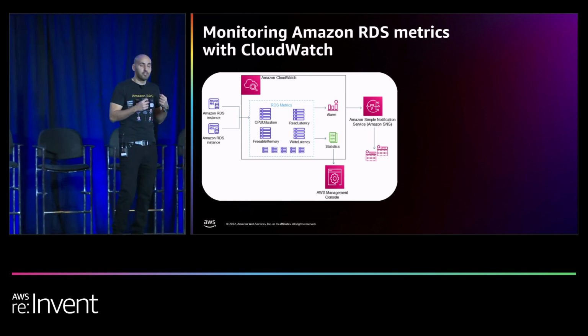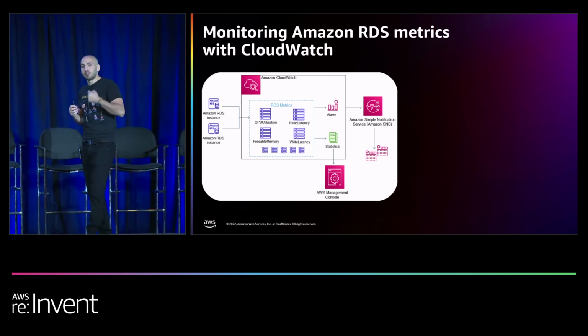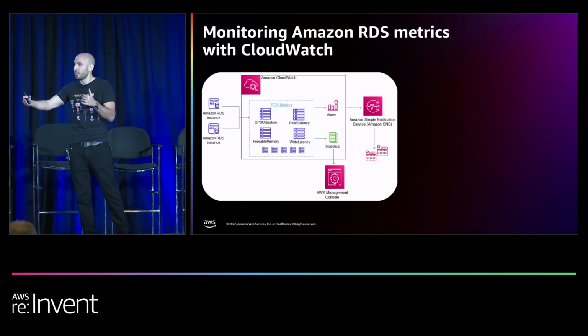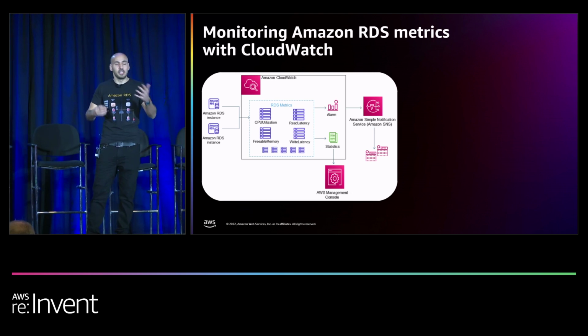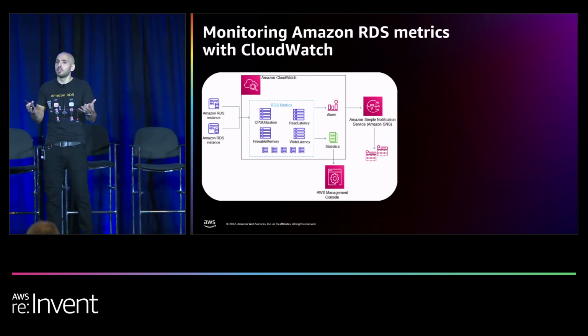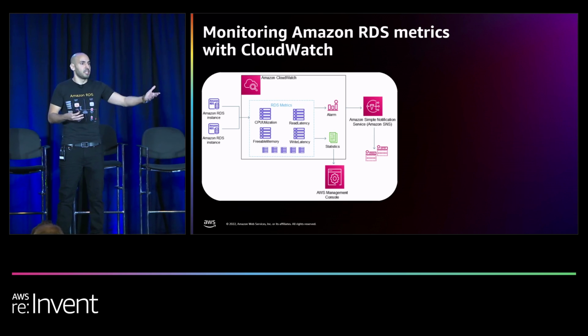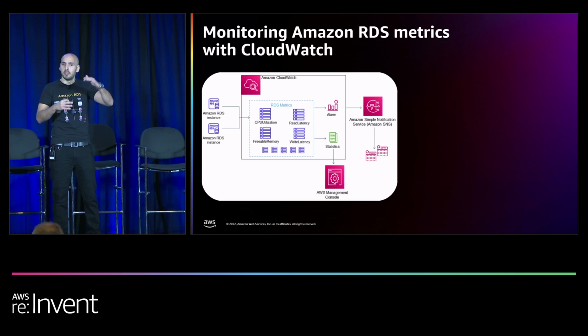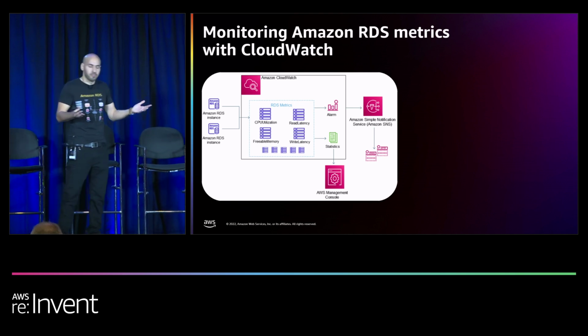Why is that beneficial? Because with Amazon CloudWatch, you can also notify other AWS services and protocols, such as SQS, AWS Lambda, HTTP, HTTPS. Let's assume you would like to provide an email or SMS notification to your team members if any metric value has exceeded its threshold. You can do that simply with Amazon CloudWatch.